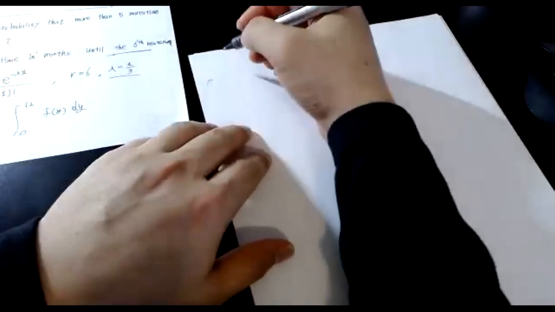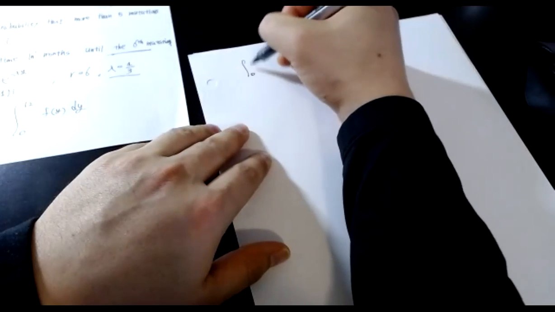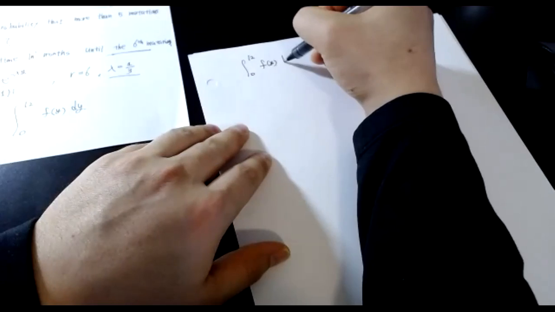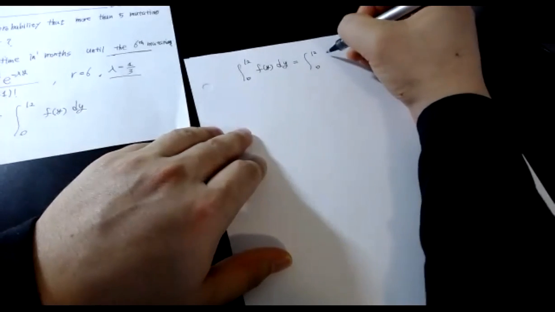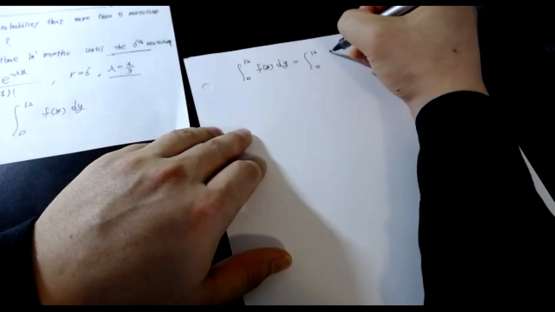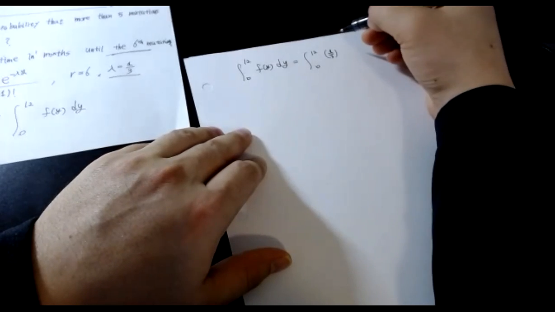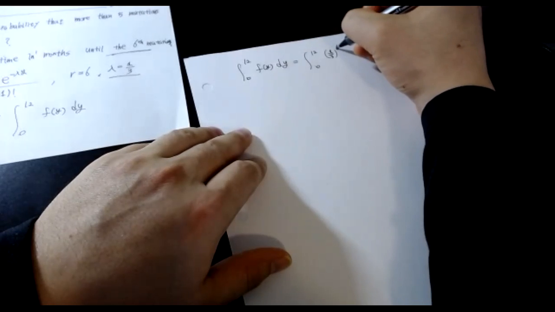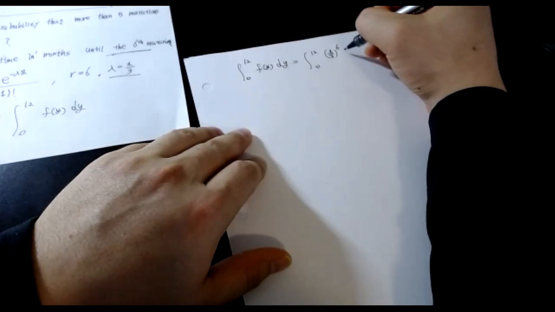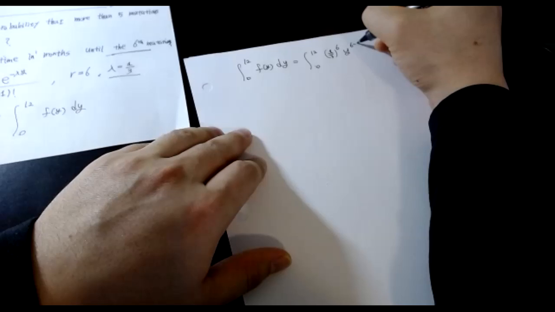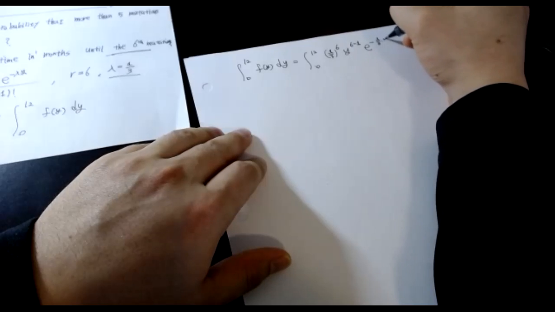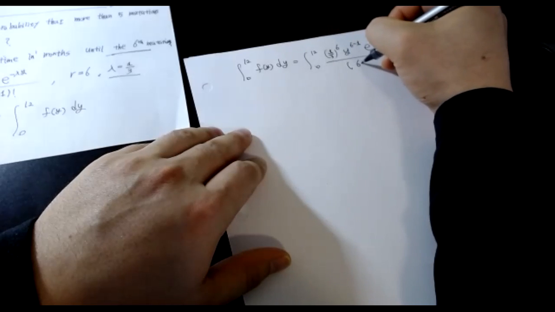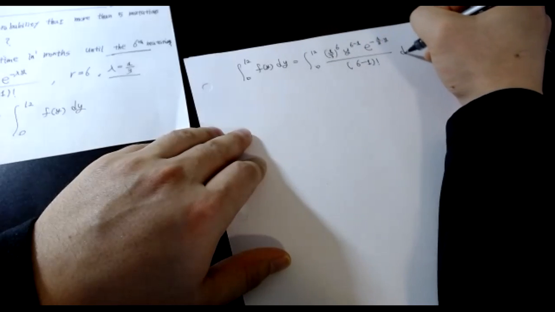So this is the integral from 0 to 12, and f of y is lambda to the r's power, lambda is 1/3, so 1/3 to the 6th, y to the 6 minus 1, and e to the negative 1/3 times y, over 6 minus 1 factorial, dy.